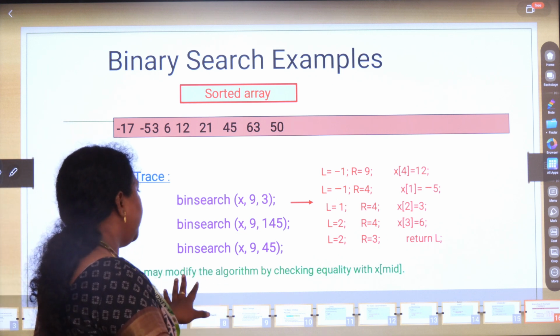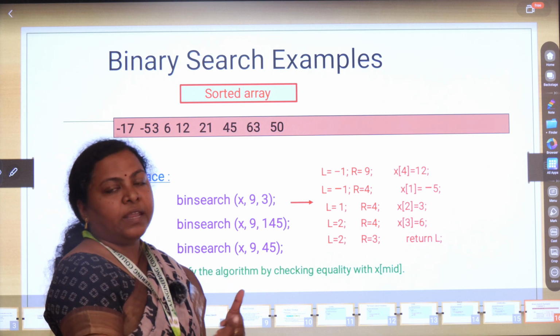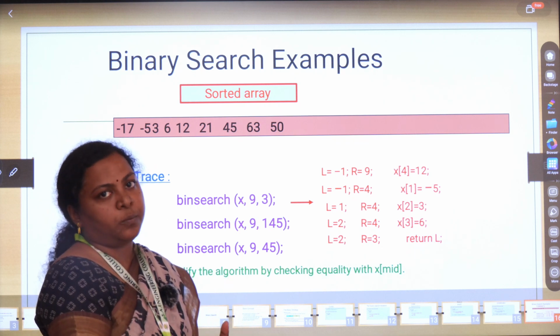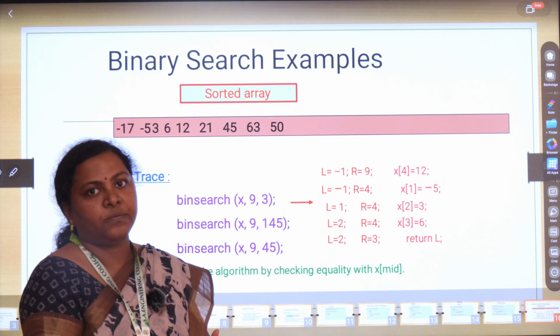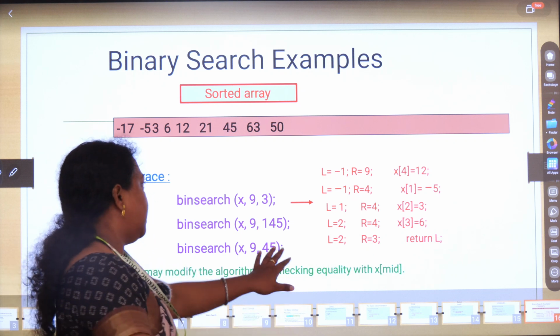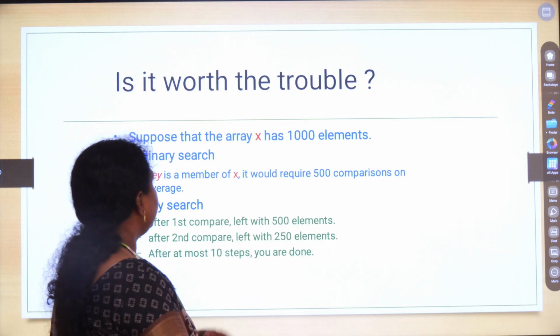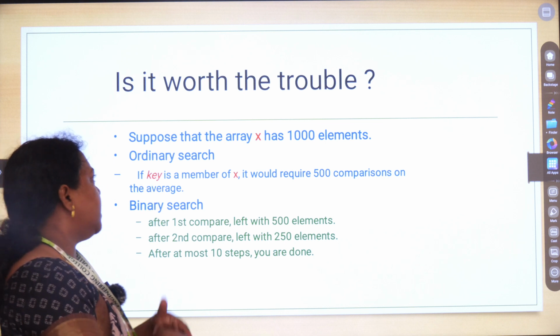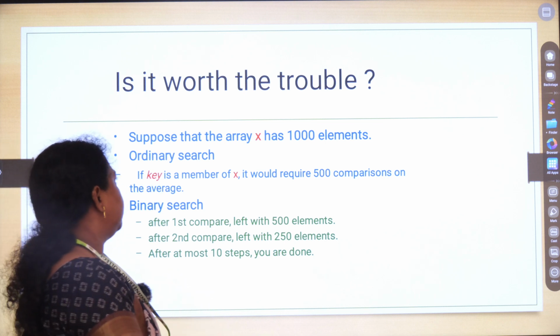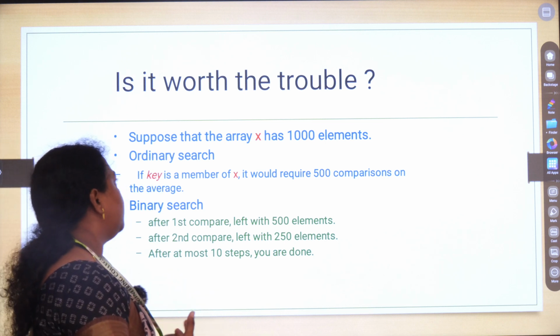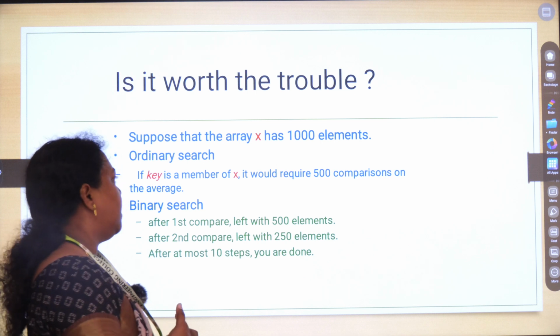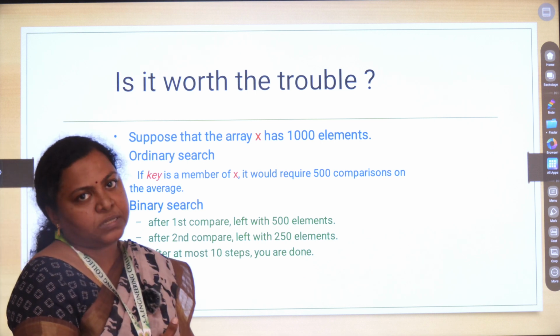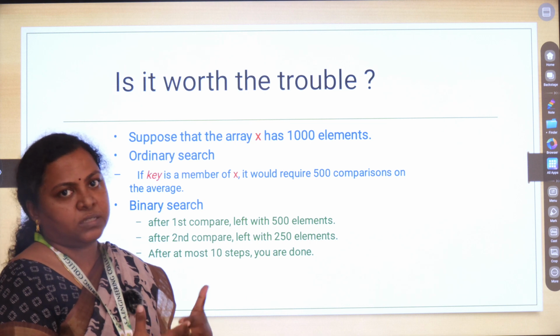By doing so, we can get the result in a very quick manner, and this can be achieved only with the sorting of the arrays. So what is the trouble in it? Suppose we have 1000 elements in an array. 500 comparisons, it is not feasible.